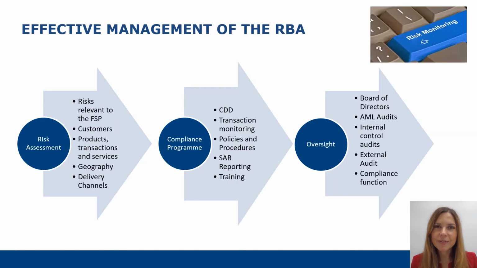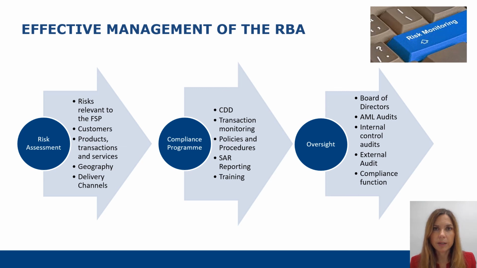So let's briefly recap what makes a really effective risk-based approach and how you can manage and mitigate according to that risk-based approach. So the start position was looking at your risk assessment, which is your inherent risk, customers, products, transactions and services, geography and delivery channels, but also inherent risk from publicly available information such as national risk assessments and the sectoral risk assessments published by CIMA.